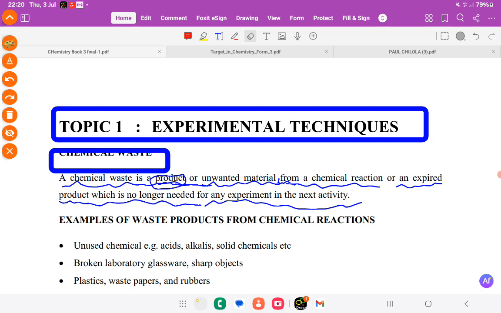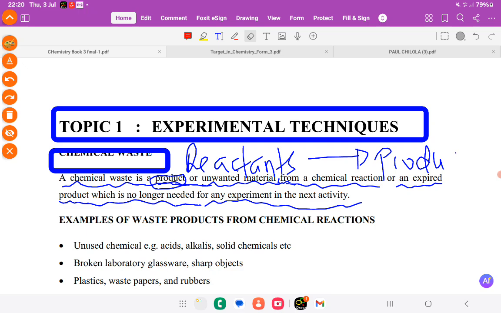Chemical reactions, you do remember that they form products. In a chemical reaction, you have reactants, which form products. So the product of any chemical reaction can be considered to be a chemical waste.